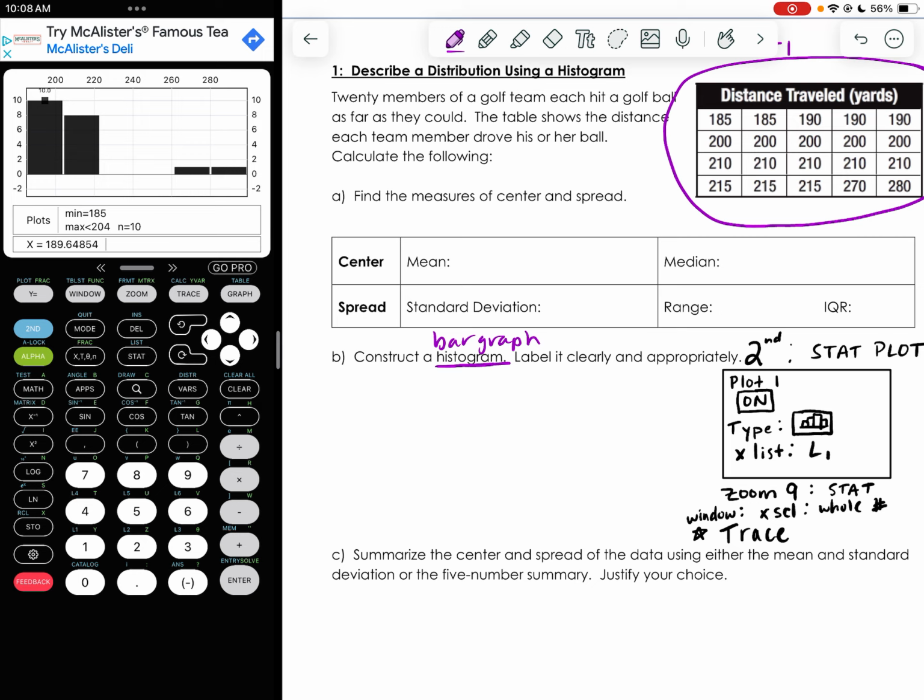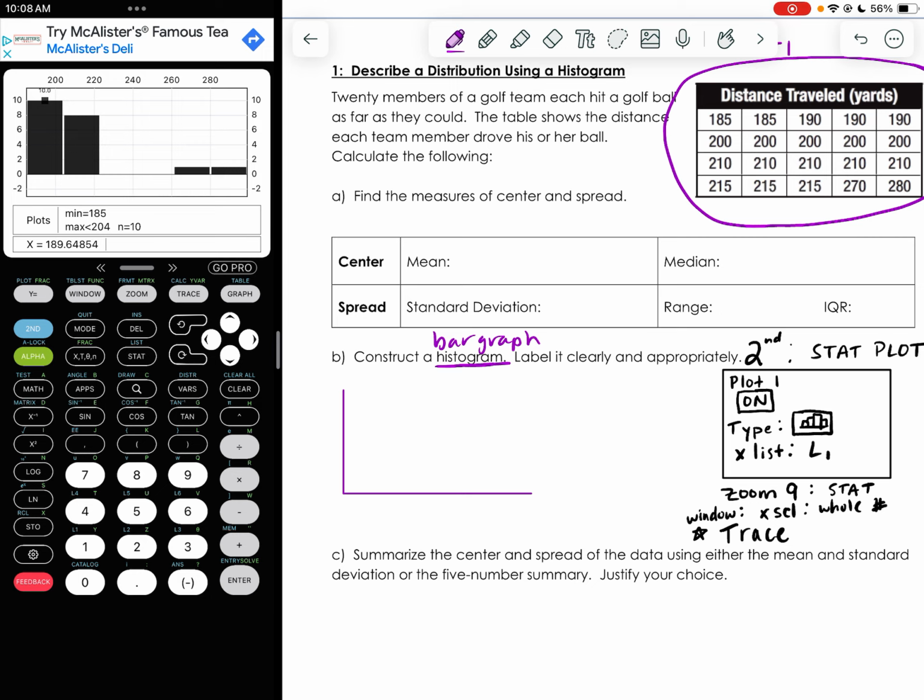I'm going to go to B first while we have this up, and then we'll go back to A. We just want to copy down this histogram. You might notice that mine has some numbers on it right now and yours probably does not, but as soon as you hit that trace button, the button right next to graph, you should see the min, max, and the n.